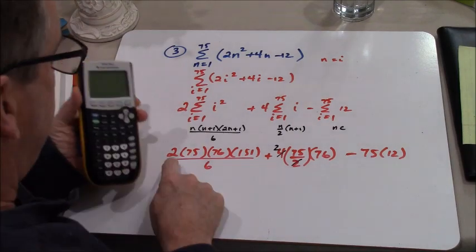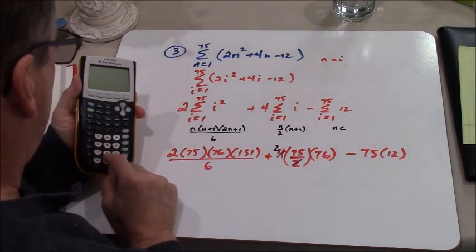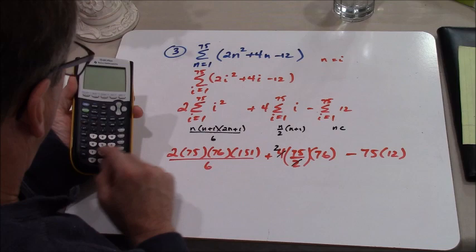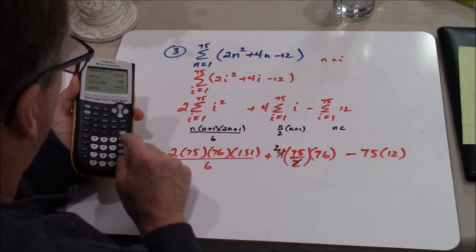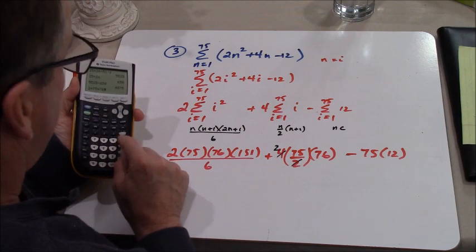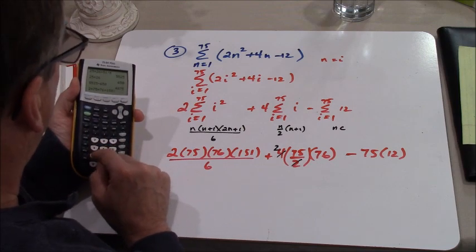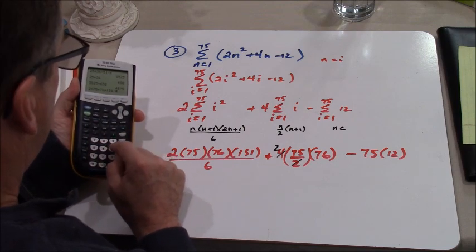Alright, so for the first term here, I'm going to get 2 times 75 times 76 times 151 divided by 6.